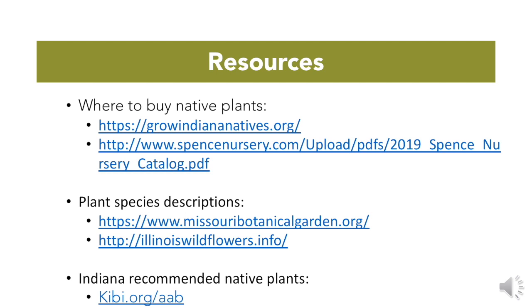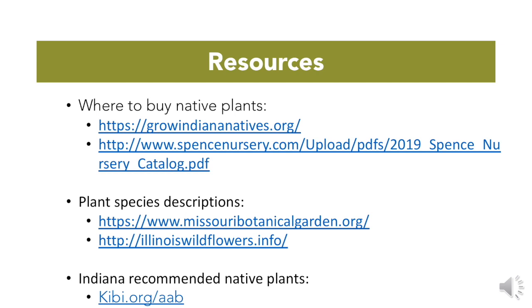The last resource I've listed, KIBI.org, that's our website, is a database of native plants created by multiple different entities, including the Indiana Native Plant Society, the DNR, the Nature Conservancy, and a few other partners. But it's a large spreadsheet that hosts recommended native plants for the landscape setting.